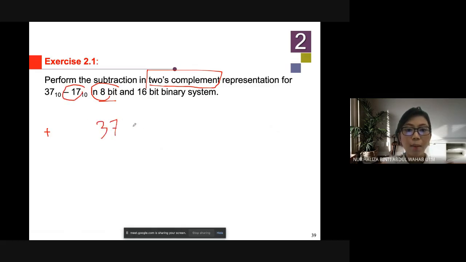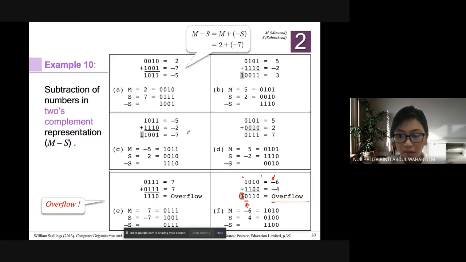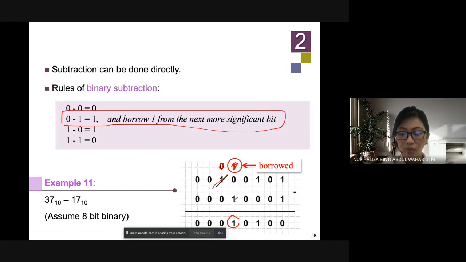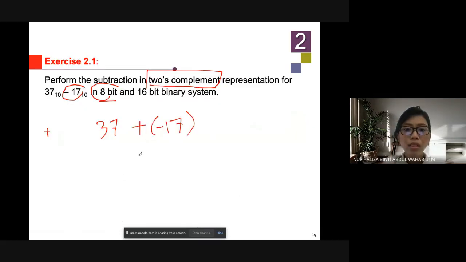37 plus minus 17. How do you get minus 17? Just now I saw 10001. Okay. Your 17 will be 10001. This is base 2, which represents 17. So over here you will change, later on you will get 10001.